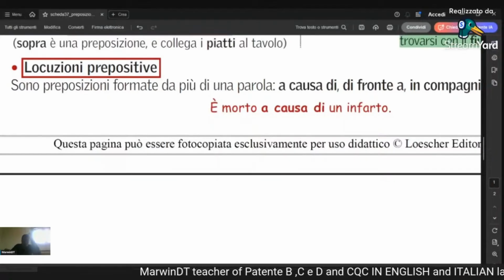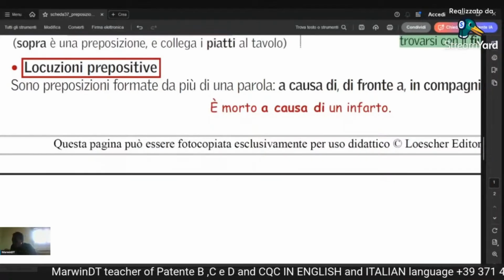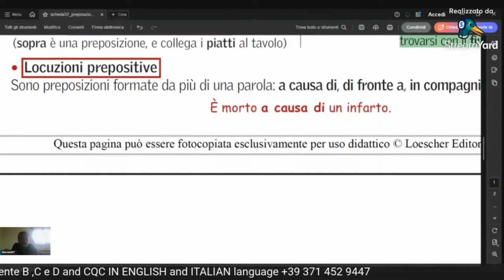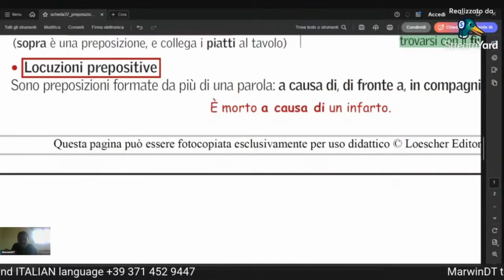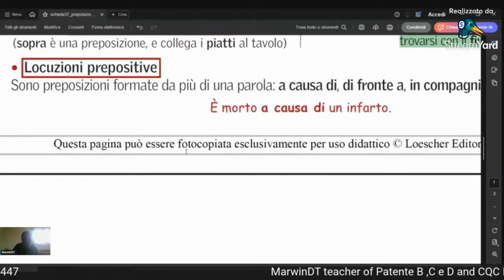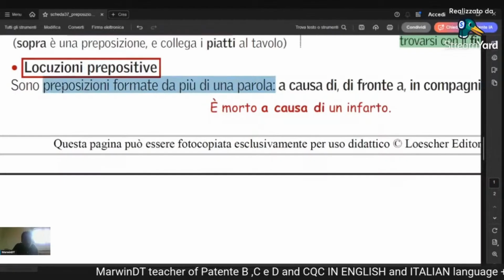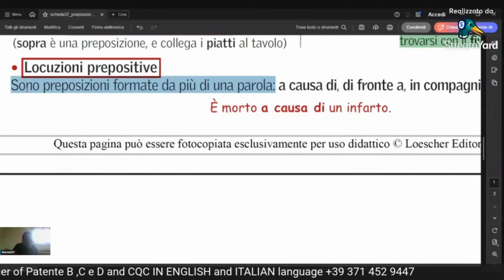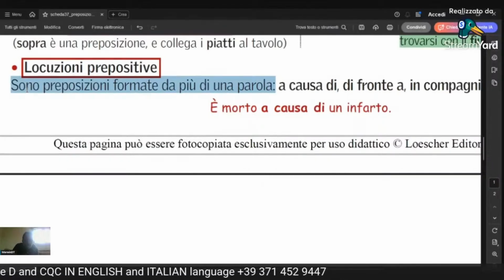So locuzioni prepositive, it says, sono preposizioni formate da più di una parola. These are prepositions that are formed by more than one word.